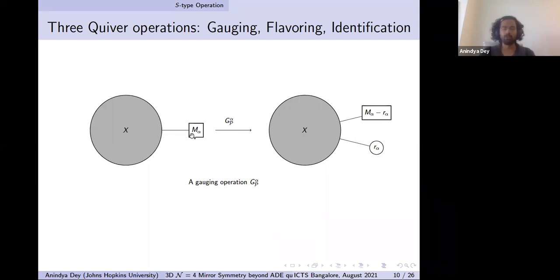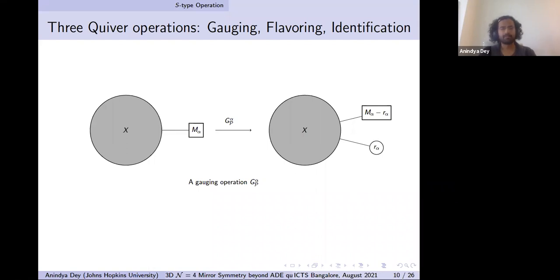So I take this U(M alpha) node, I divide the node into a U(M alpha minus R alpha) and a U(R alpha) node. And then I gauge the U(R alpha) node. So this is just a direct generalization of the gauging operation of the S operation of Witten.